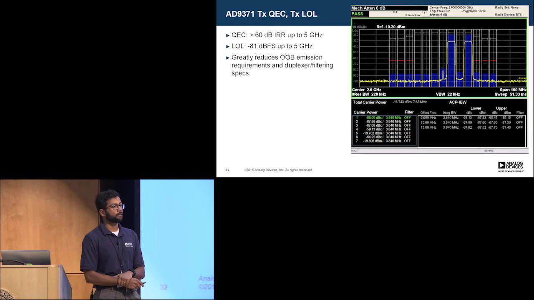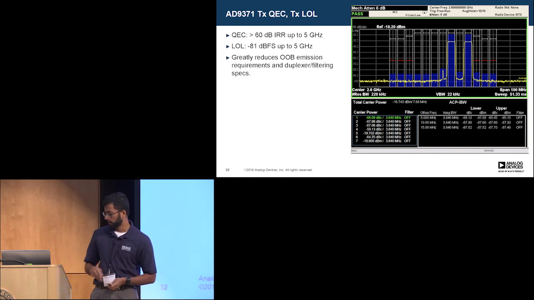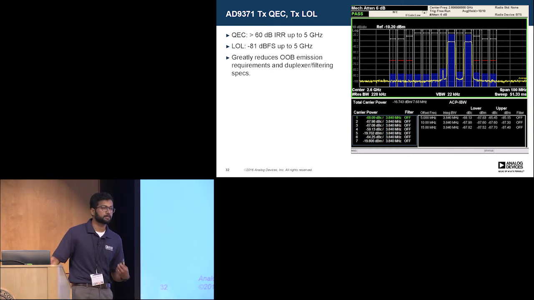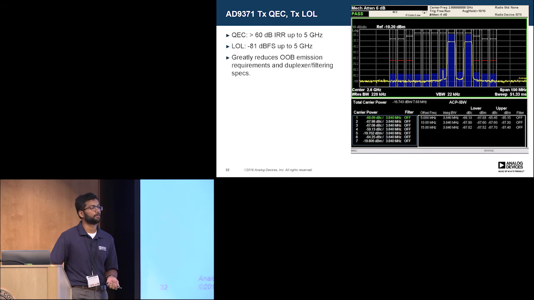So what this translates to is reduced duplexer costs, because now you can run a smaller duplexer with lesser filtering as opposed to one that would have to filter out this particular undesired band here. And these are important when you're designing a system that complies to certain standards.